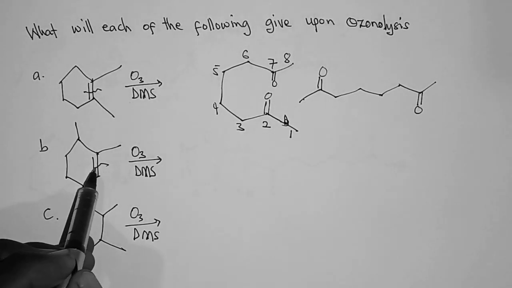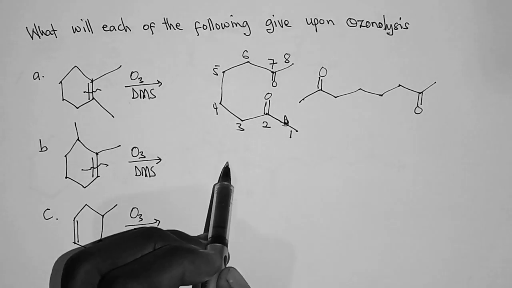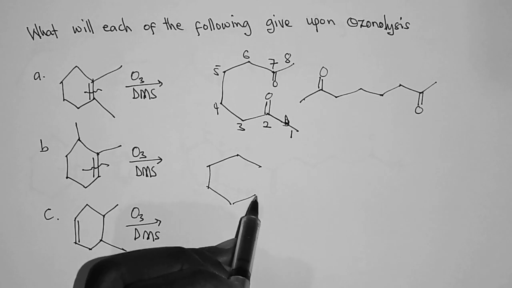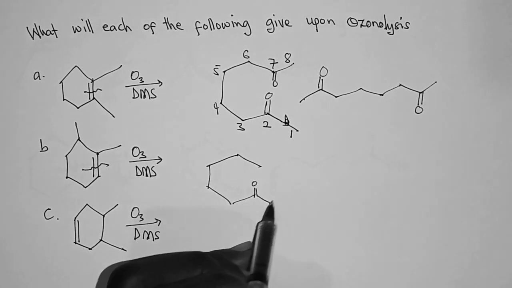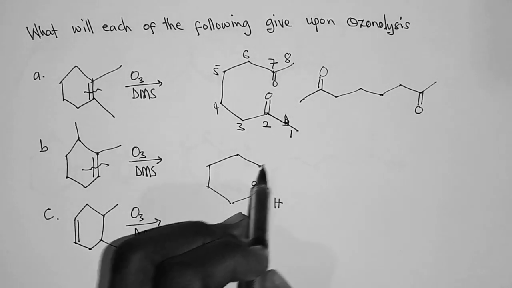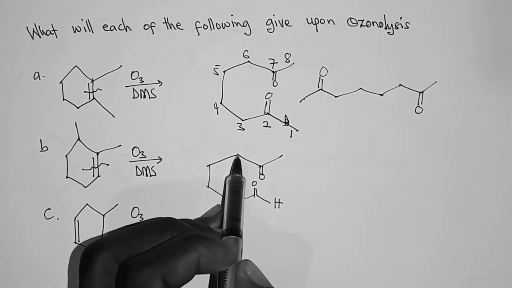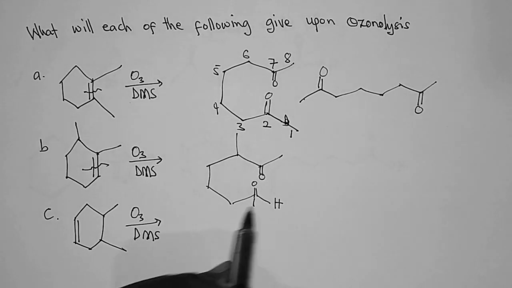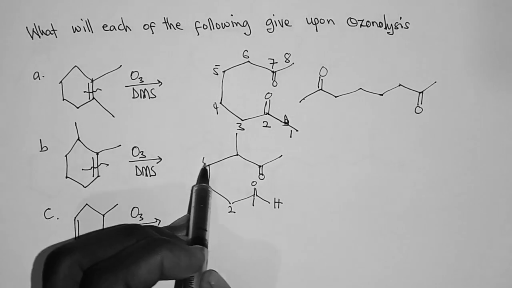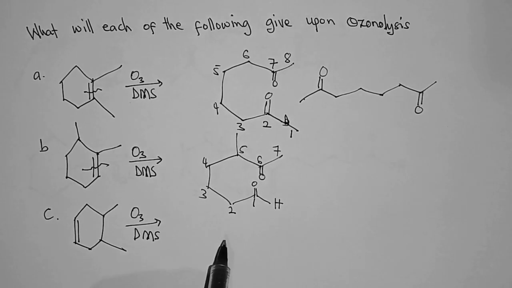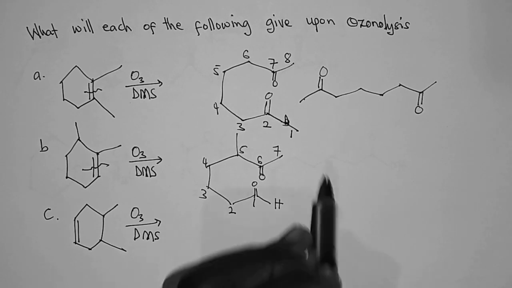And in this case, this side will cleave. So if it cleaves, this is what we are going to get. So there's a proton here. And then with this one, there is a carbonyl center over here. So let's count them. 1, 2, 3, 4, 5, 6, and 7. So 7 carbons in a straight chain.